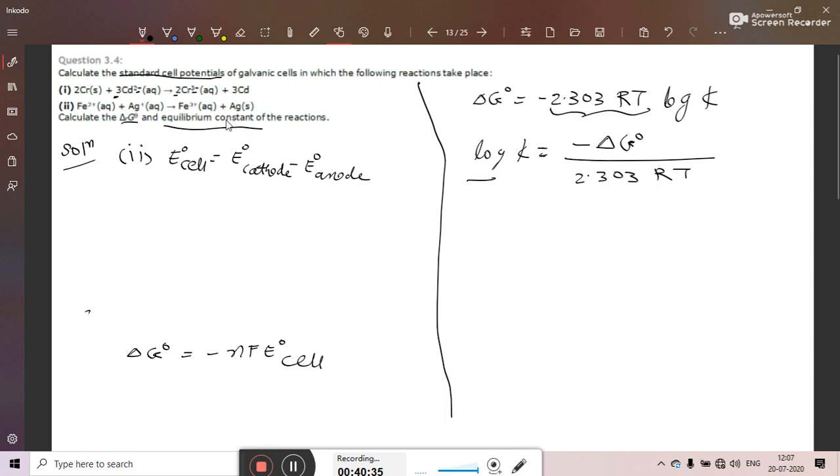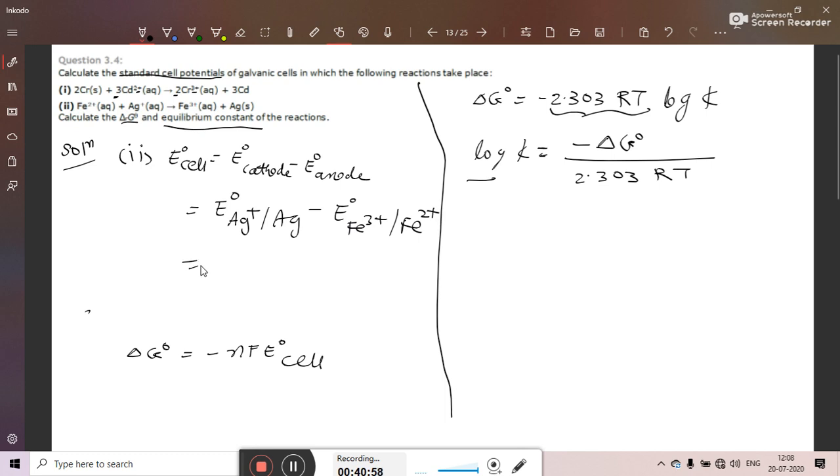In this reaction, the cathode is silver. So E naught cathode means reduction potential of cathode, E naught of Ag+/Ag, minus E naught of anode. Anode is Fe. Now Fe undergoes oxidation from +2 to +3, but here we have to write reduction, so first we write +3, +2. Okay, Fe3+/Fe2+.